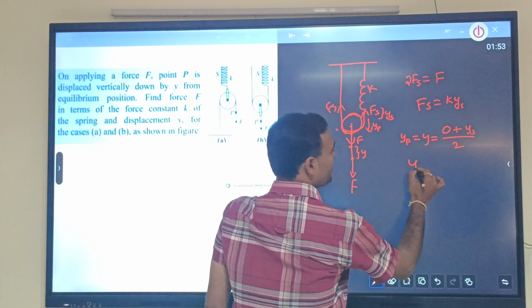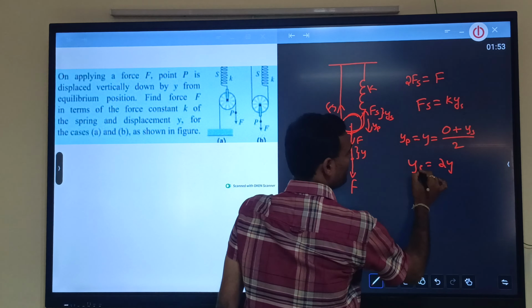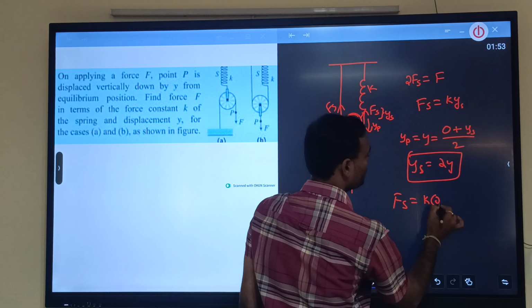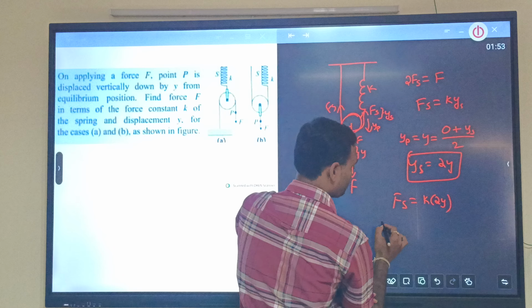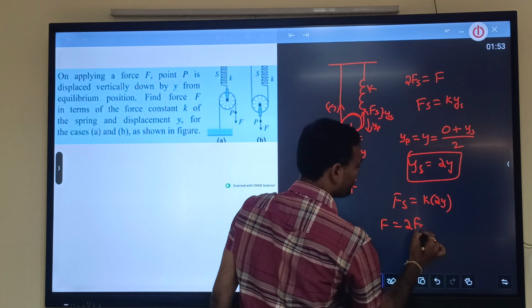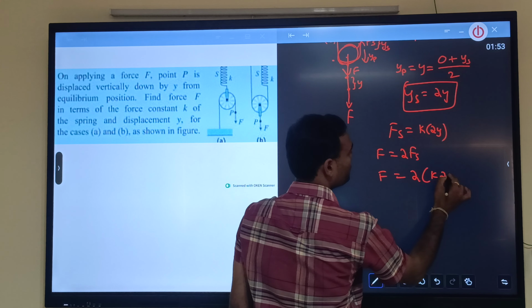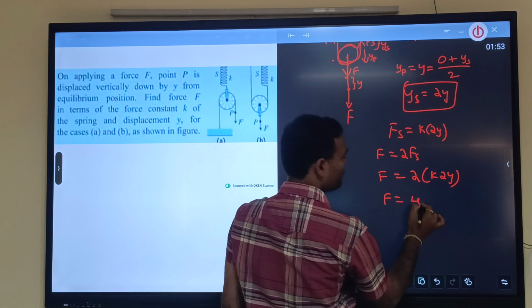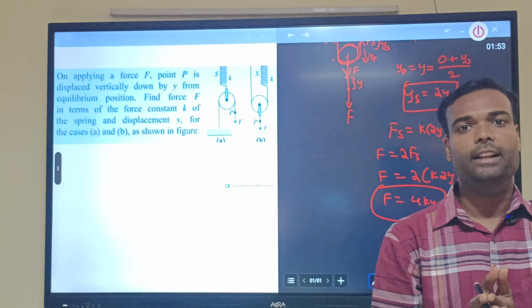So ys value is equal to 2y. So Fs is equal to k into 2y, and F is equal to 2Fs, means F is equal to 2 into k into 2y. So the F value is equal to 4ky. This is the force value they are asking in terms of k and y values.